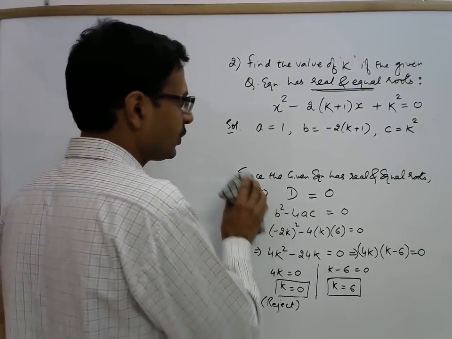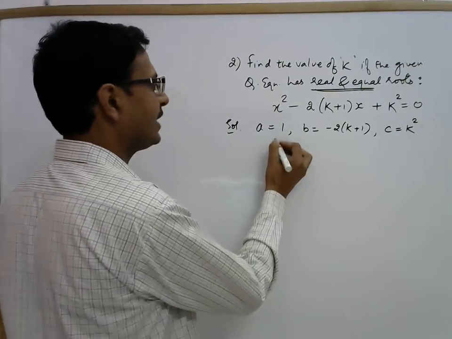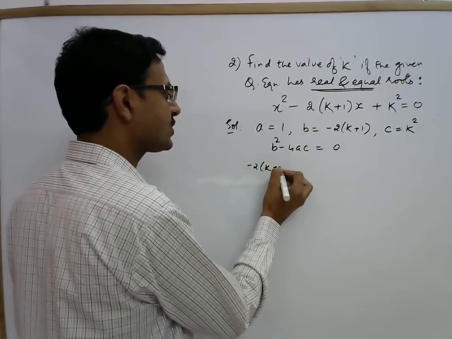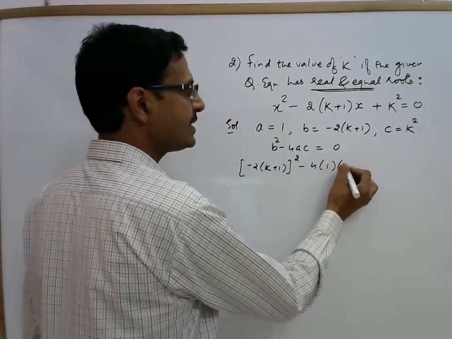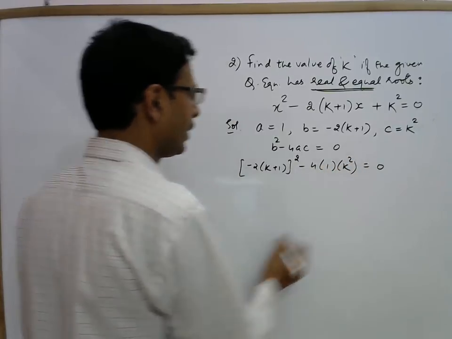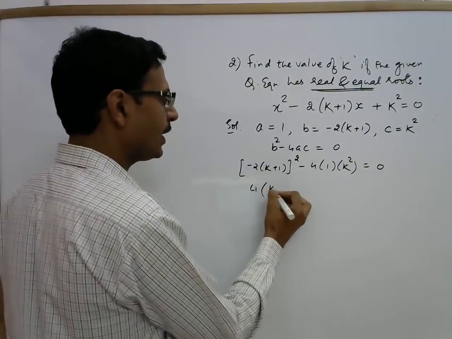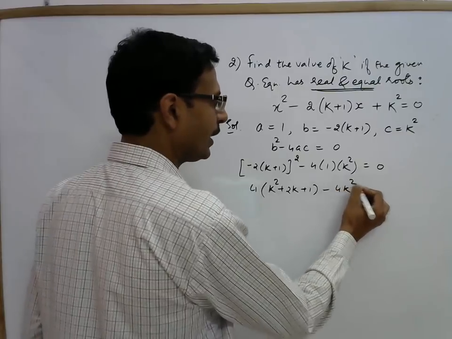See, now I need to put the values in discriminant equal to 0. So b square minus 4ac equal to 0. Substitute minus 2 into (k plus 1), whole square, minus 4ac equal to 0. So minus 2 square is 4. And if you open (k plus 1) square, you get k square plus 2k plus 1, minus 4k square equal to 0.